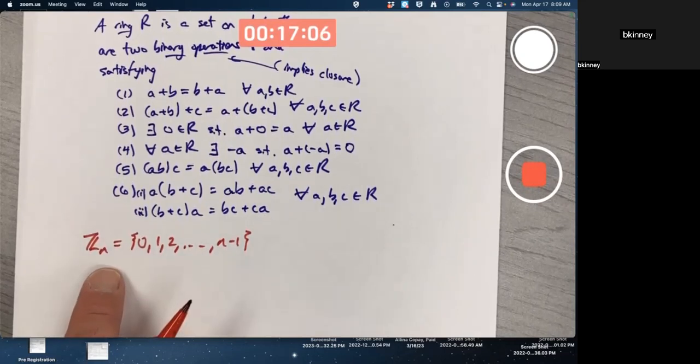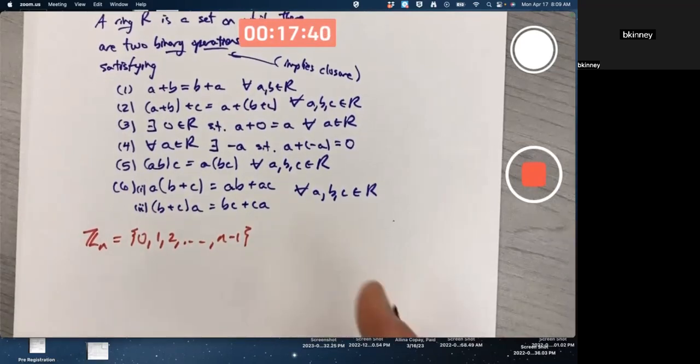This is, for any fixed positive value of n, a finite ring, if I'm focused on it as a ring. And it's relatively tame compared to how weird finite rings can get. Though it's weird as well if n is not prime. If n is prime, then it's not so weird. But if n is not prime, if it's composite, things will get a little weird.